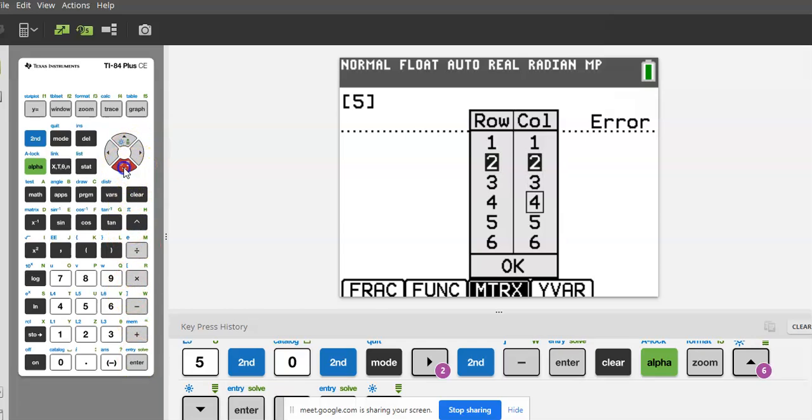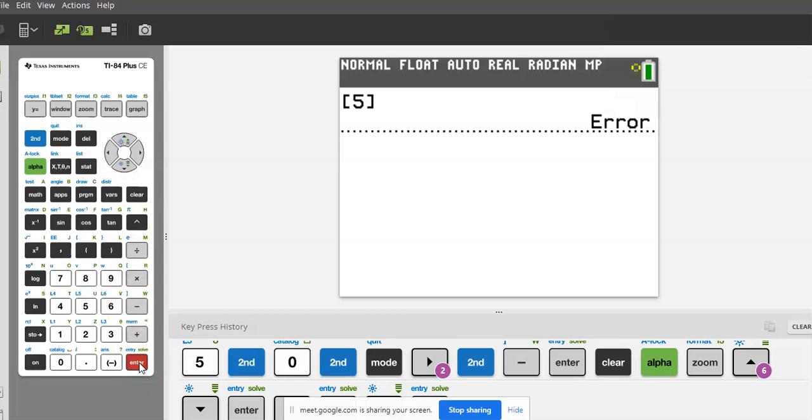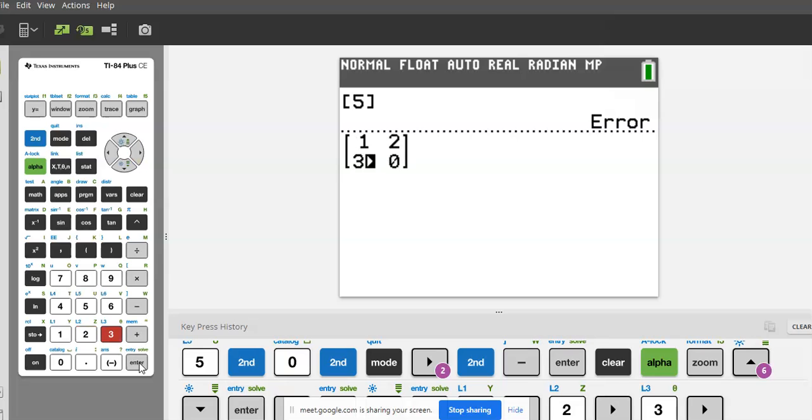And once the dimension is highlighted, I can say OK, and it brings up enough space for a 2x2 matrix. Note the brackets. It's always the indication that we're working with a matrix if it has brackets. It looks a little bit different than absolute value signs. But there you go. And we can just go ahead and type them in from here. Keep using your right arrow to scroll from this one to the lower left. 1, 2, 3, 4.